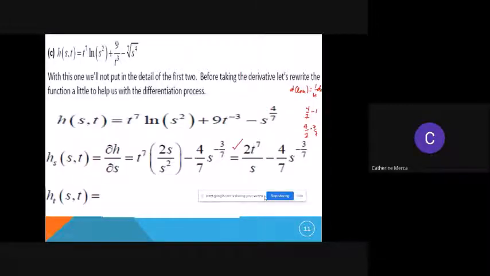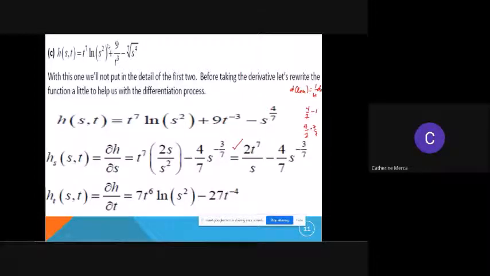How about the partial derivative with respect to t? With respect to t, s is a constant. So the derivative there will be 7t to the 6 times ln of s squared.